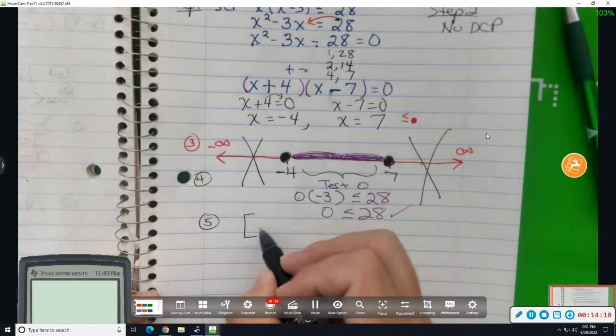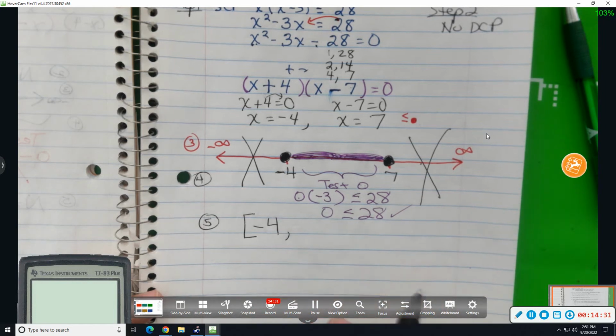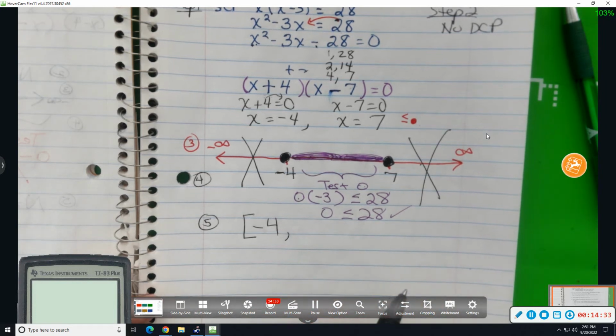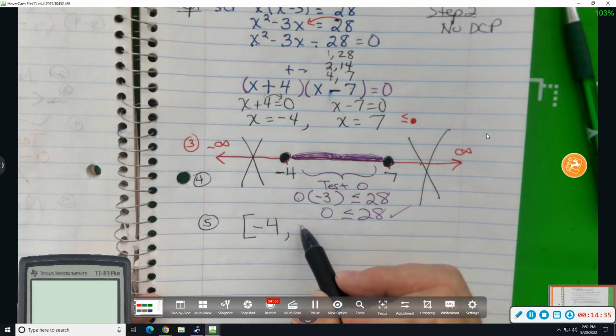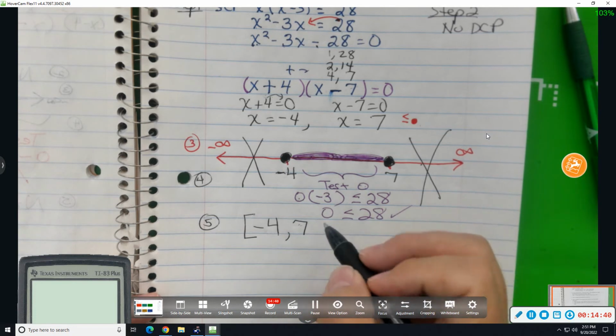The end point or cut point? -4, and then a comma. If you don't put that comma, they're counting it wrong, and they won't tell you you're missing a comma. Right hand end point, cut point, 7, and what goes after the 7?